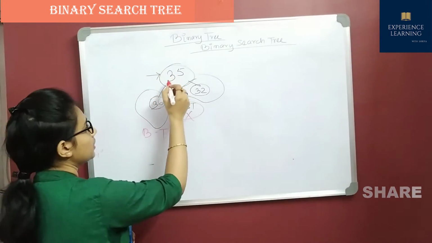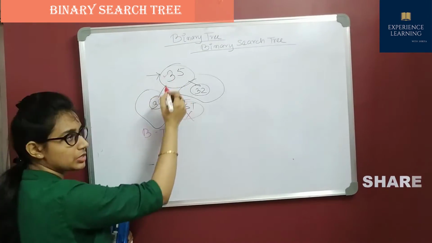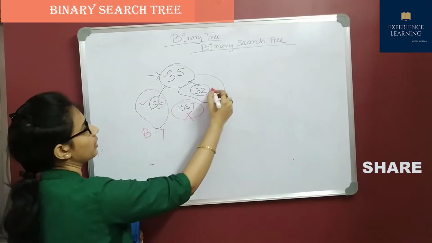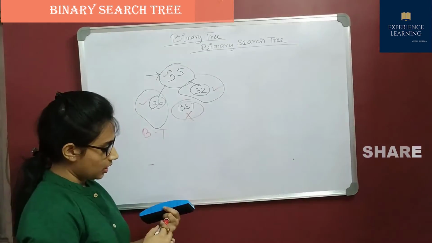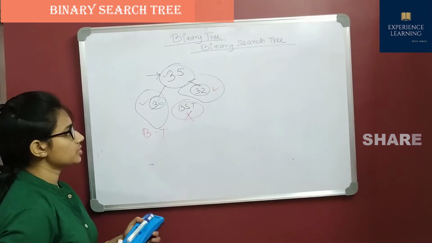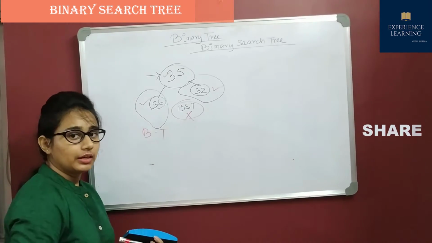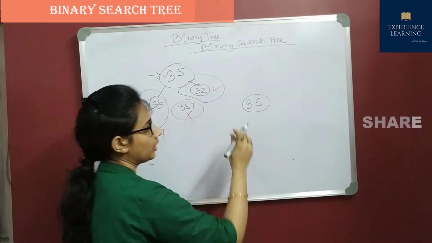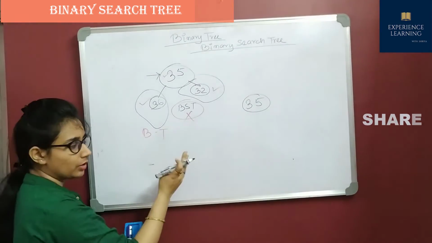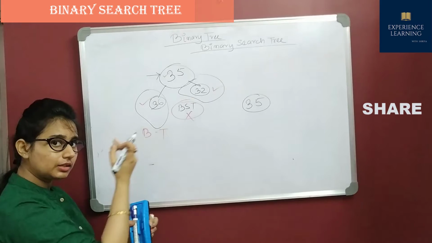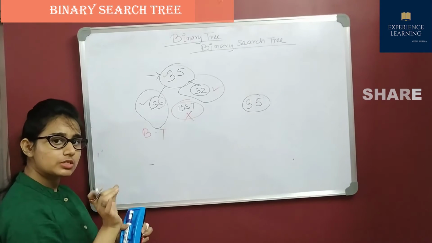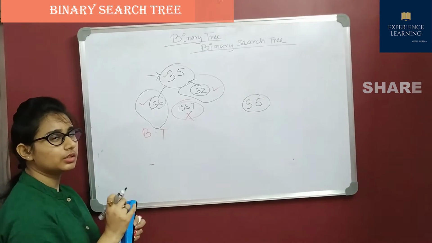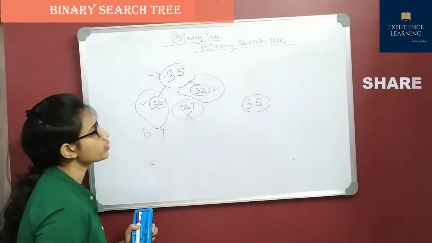If you consider it 3 elements, one is the root, another is the left subtree and another one is the right subtree. You can see it in such a way that the left subtree's value will be less than the root element's value. I have already discussed it. You can see it in the MCQ tricks 1 and 2 also.